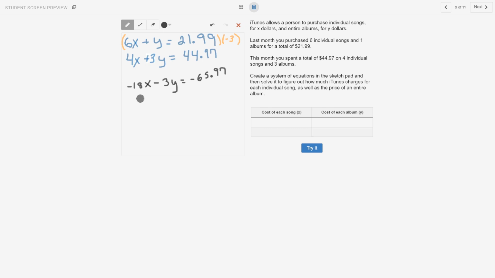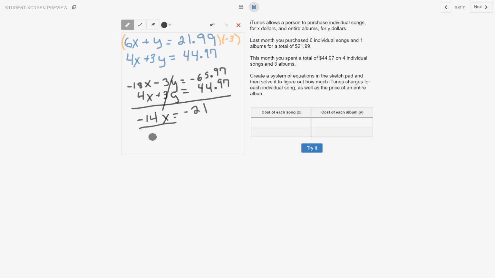And then my other equation was just 4x plus 3y equals 44.97. And that's going to give me, my y's cancel, -14x equals -21.